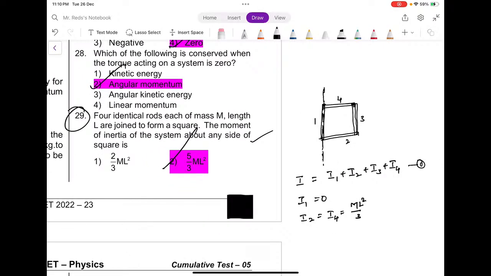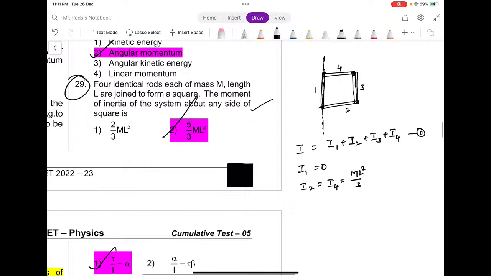Whereas I3 is equal to, here every part of rod 3 is at the same distance. So you can say the entire mass is supposed to be at a distance which is equal to L. So we can write it as mr square, it is nothing but ml square. So I3 can be expressed as ml square.